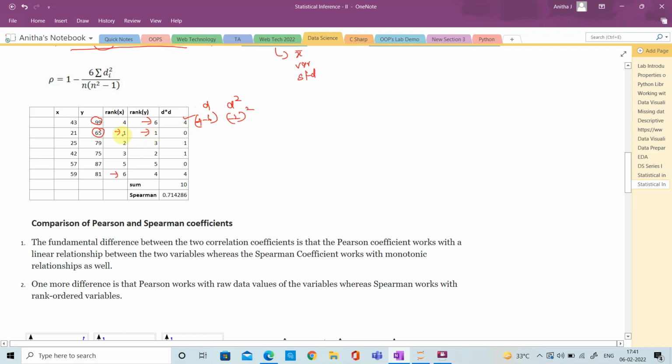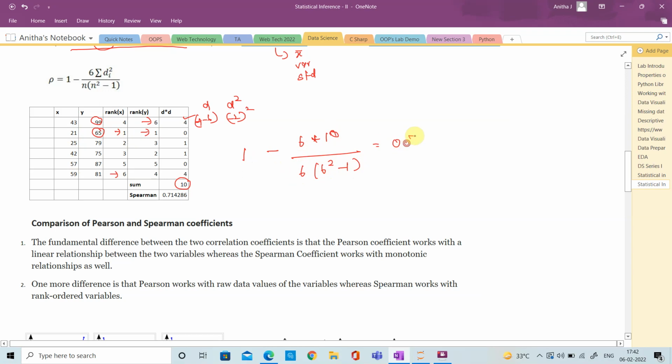So like that, we are calculating the relationship between the variables based on its rank. That will give how much one variable is correlated with the other variable. So we are calculating the difference between the ranks. So now 1 minus 6 into the sum of squared differences, which is 10, divided by the total number of inputs for my data, which is 6, into 6 square minus 1.